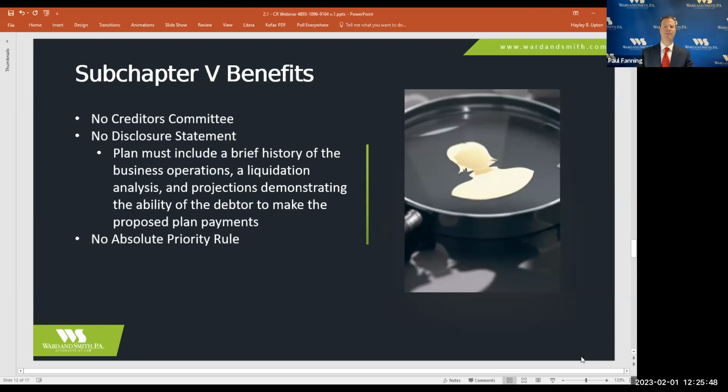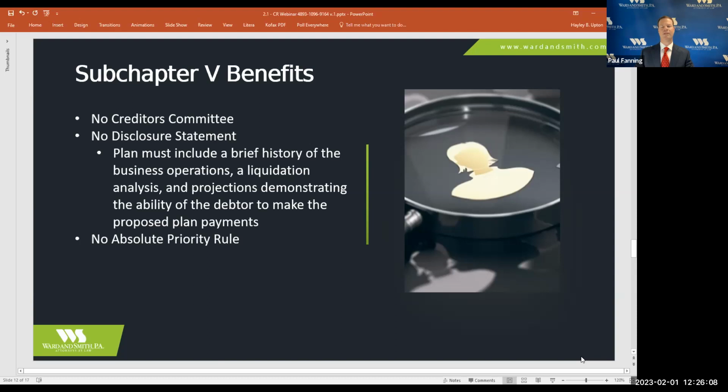Also, in a Subchapter V, there's no absolute priority rule. Well, what's an absolute priority rule? Absolute priority rule basically says that the owners of the business can't retain their ownership interest unless all other creditors are paid in full.